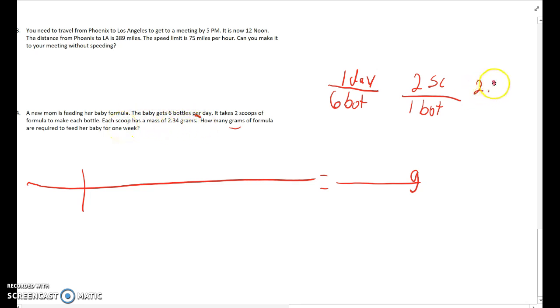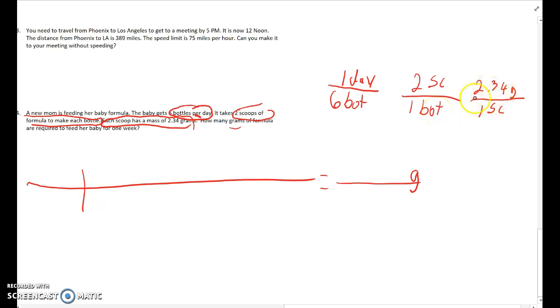So 2.34 grams per 1 scoop. So again, if I read through that problem, I can see how bottles per day go together, scoops per bottle go together, and grams per scoop go together. So those are each conversion factors.